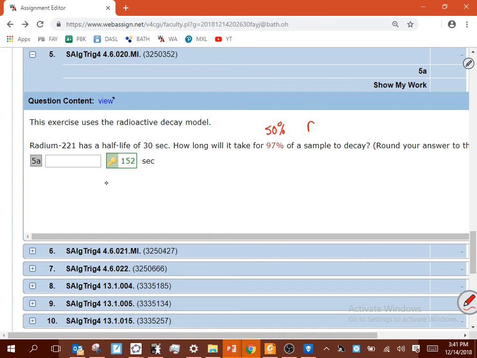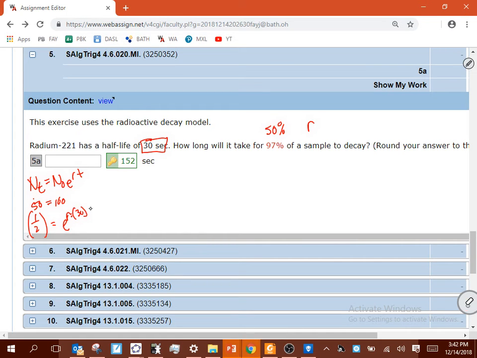It says radium has a half-life of 30 seconds. Just to expedite things, we could go through this process again, N sub 0 e to the rt, and plug in. If this is my initial amount, maybe I start with 100, when I get to half-life it'd be 50, so I get 1/2 is equal to e to the rt, where t, because it's half-life, is 30 seconds.